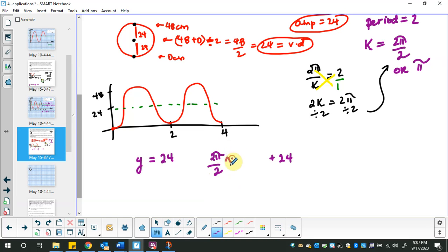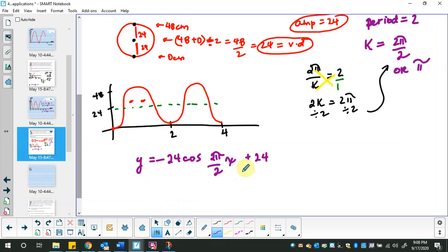I'll need an x, and because this curve is butted right up against the y-axis, I don't need to worry about a phase shift. I do need to worry about what kind of curve this is. Is it a sine curve or is it a cosine curve? And for me, there it is, my little ghost. So this is a negative cosine curve.